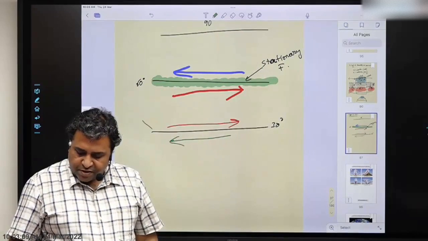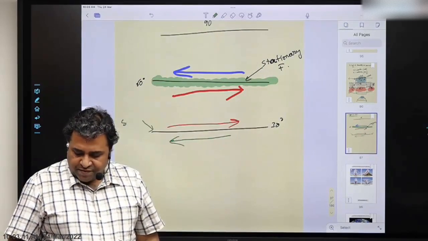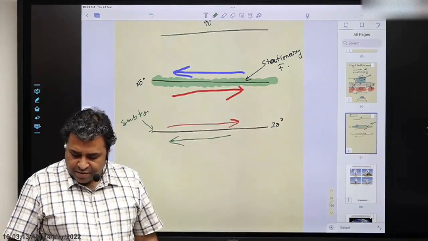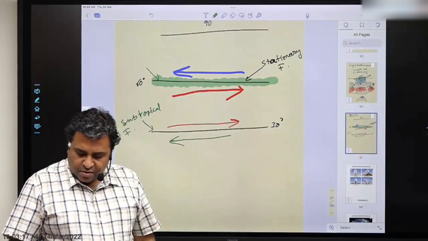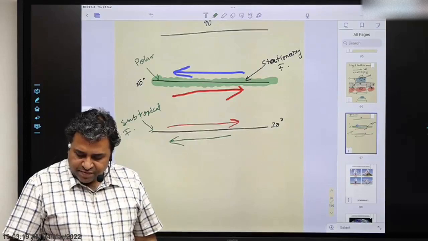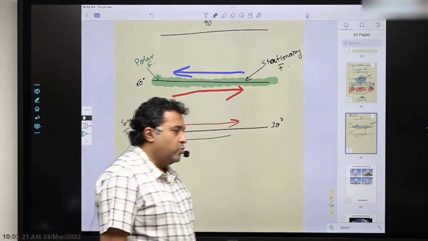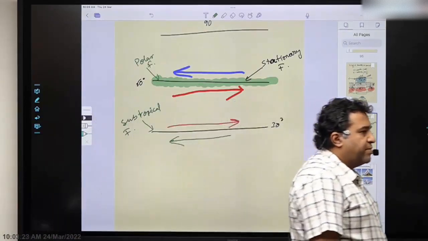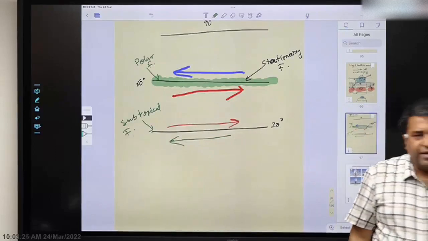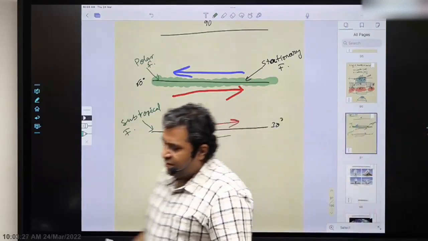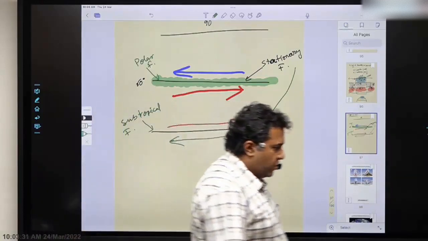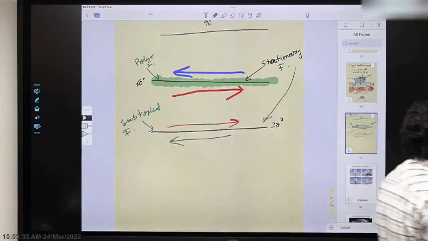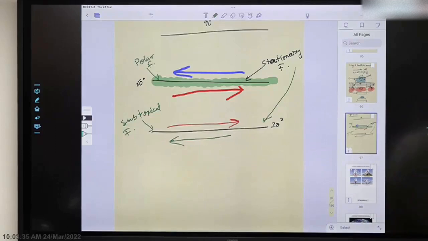So this one is a subtropical front, and this one is the polar front, and both of them would generally be stationary. Once you have drawn this much, then we have to write what is the stationary front.